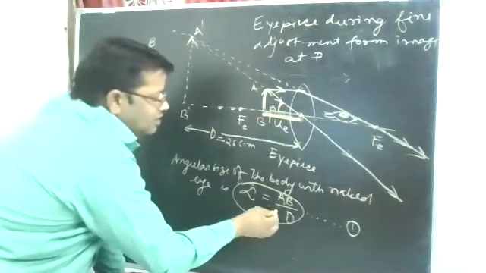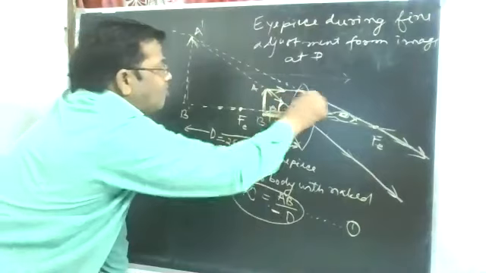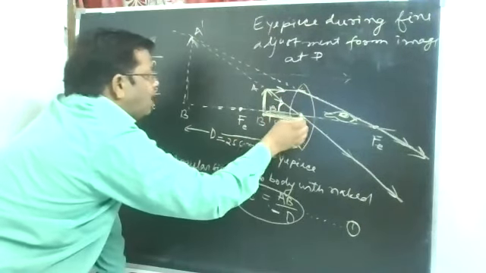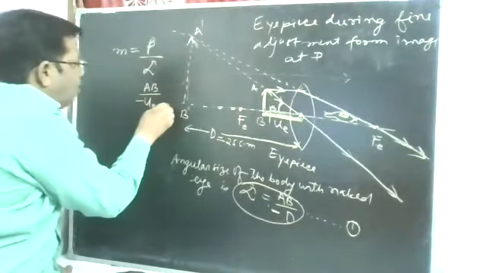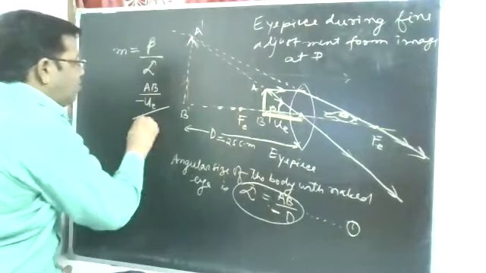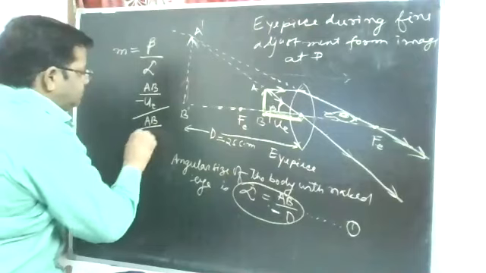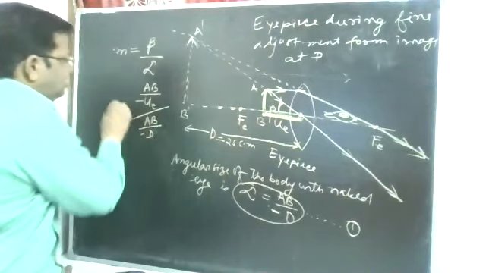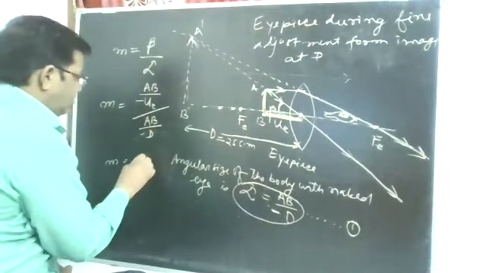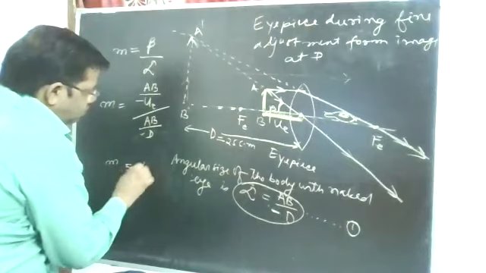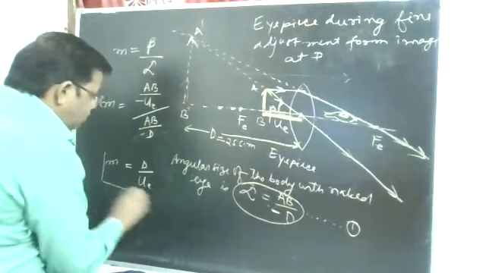Similarly, in the previous case, D will also be minus D because the object was here. We are moving like this. From I, we observe this distance as minus D. So beta upon alpha: what is the value of alpha? AB upon minus D. Just revert this and you will get: minus minus cancel out, so beta by alpha is equal to D by UE.